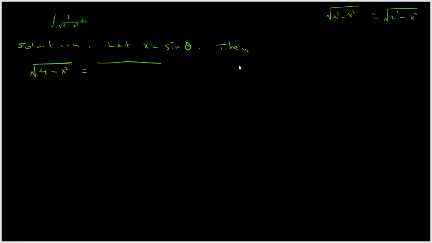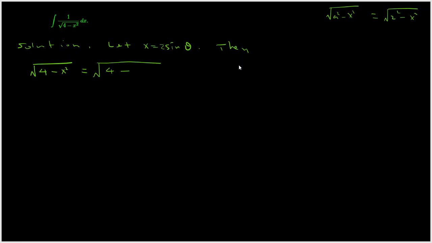We're going to see how to get rid of the radical now. 4 minus x squared will become, everything is going to be in terms of the new variable theta. Sorry, I think I forgot the coefficient already. Sorry, I just took a nap. I hope I woke up now.